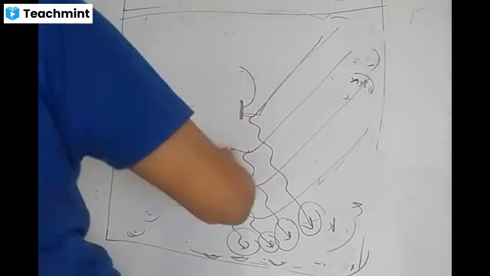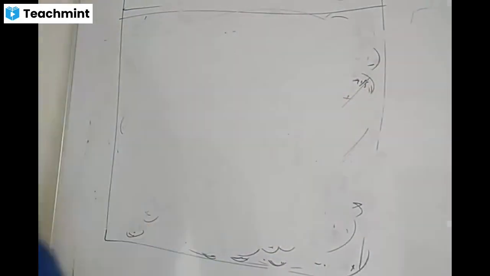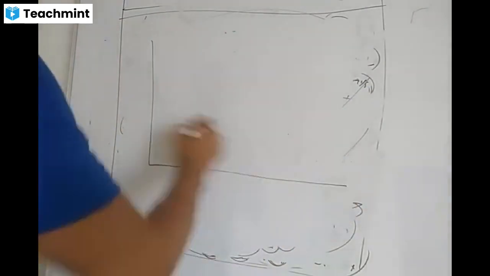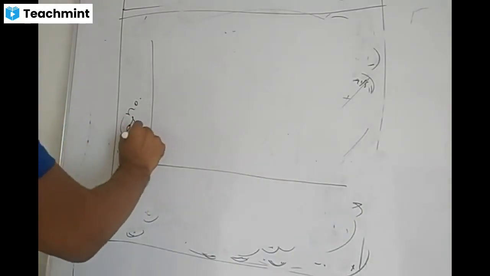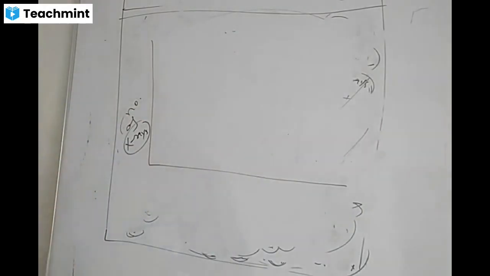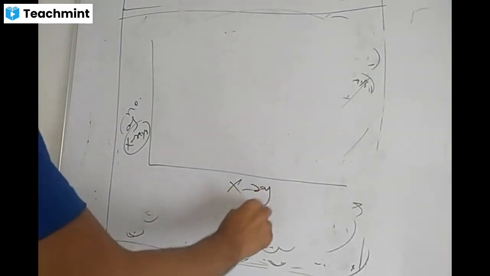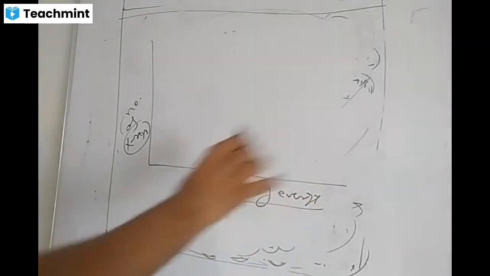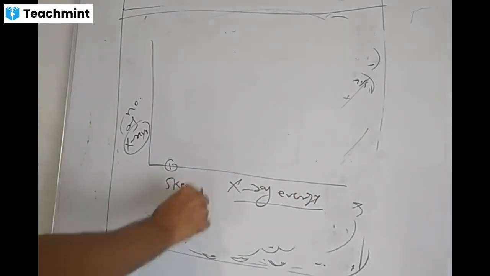So if I make a graph of these energies versus the number of X-rays, on the Y-axis we have number of X-rays, and on this side we have X-ray energy. Suppose there are some X-rays of 5 kilo electron volt.